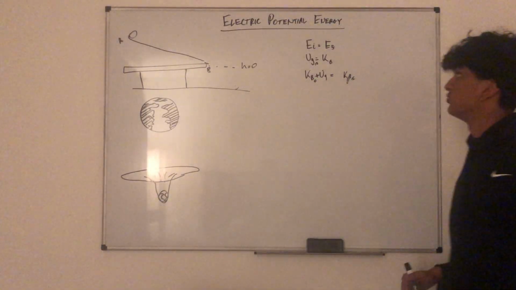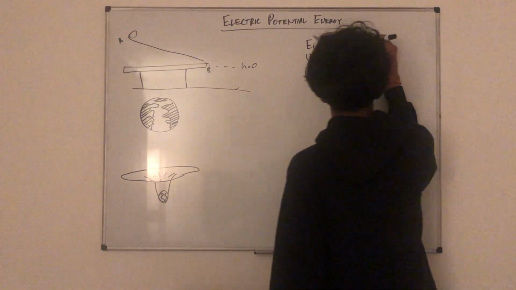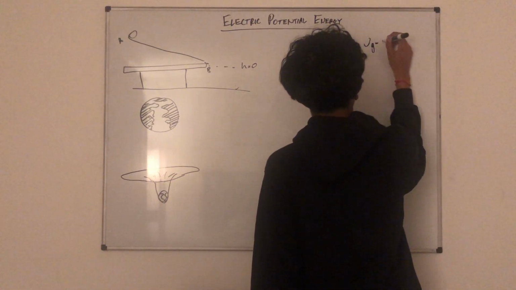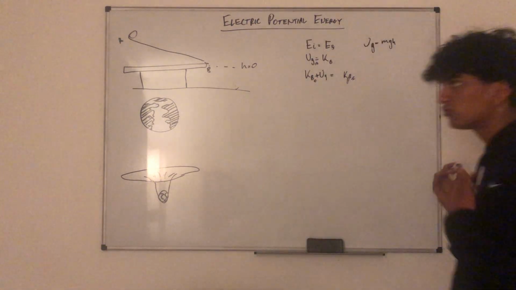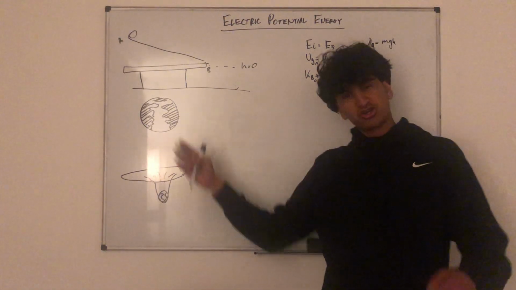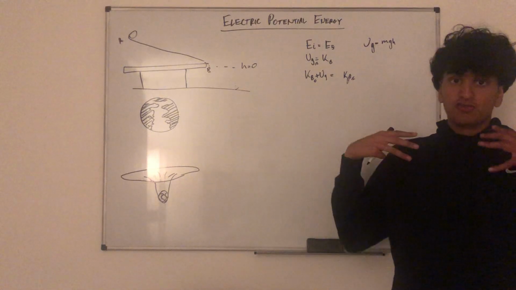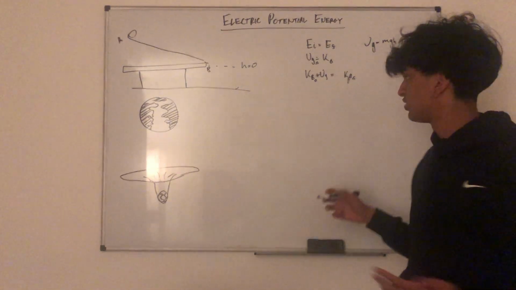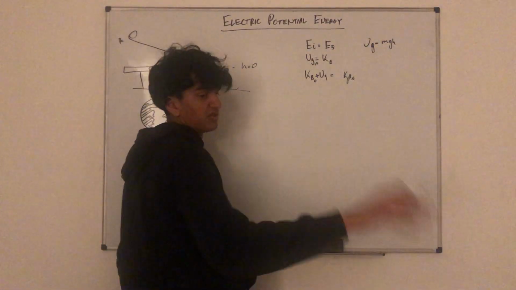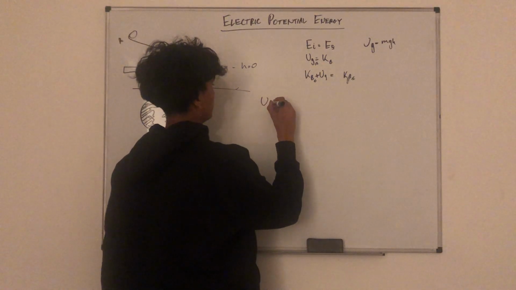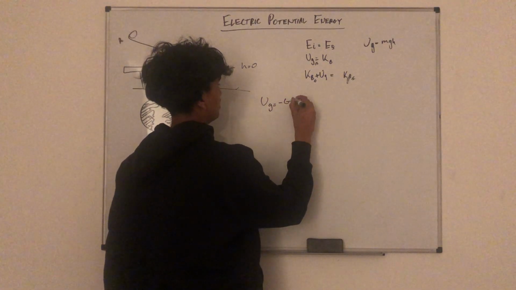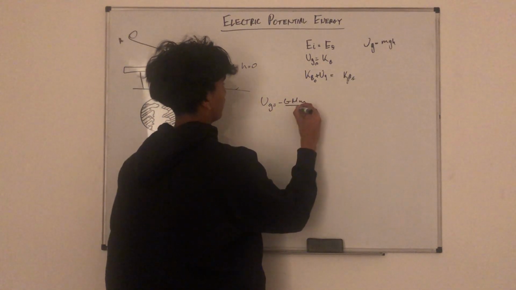Now a local UG, as I like to call it, is equal to mgh, right? That's when your gravitational field strength is constant, but when you're in space, it's not going to always be constant. So what is the equation for UG in space? This is the next question. UG equals negative G m1 m2 over r.